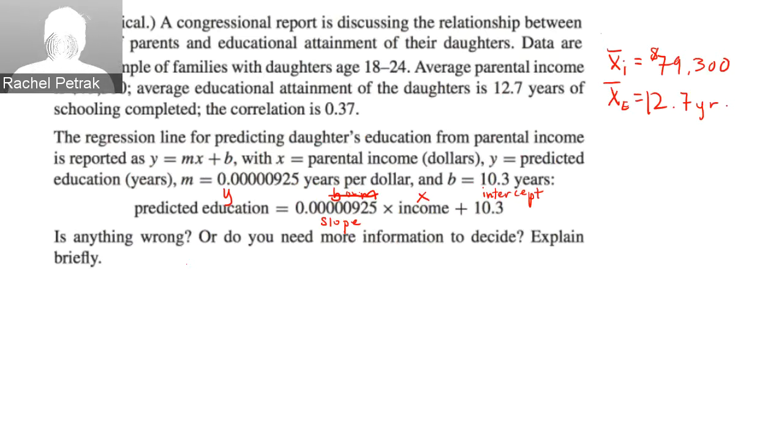If we plot this out, which we're not going to do for time purposes, but if we plotted the point of averages and then alternately used the regression equation to plot our line, we should see that the regression equation as laid out would go through the point of averages.